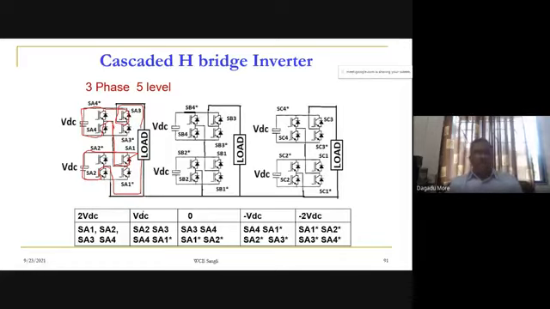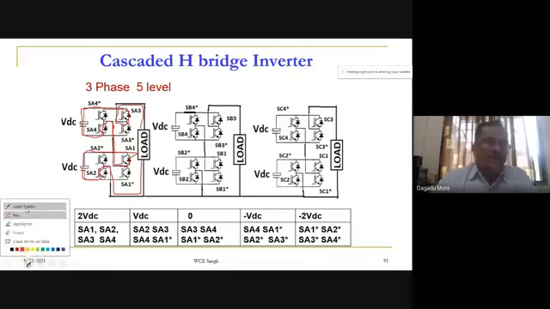How is the current path whenever SA1, SA2, SA3, SA4, these four devices are turned on? So SA1 is on, SA2 is on, SA3 is on. We have shown this. Now if you observe the polarity, this is our VDC plus.